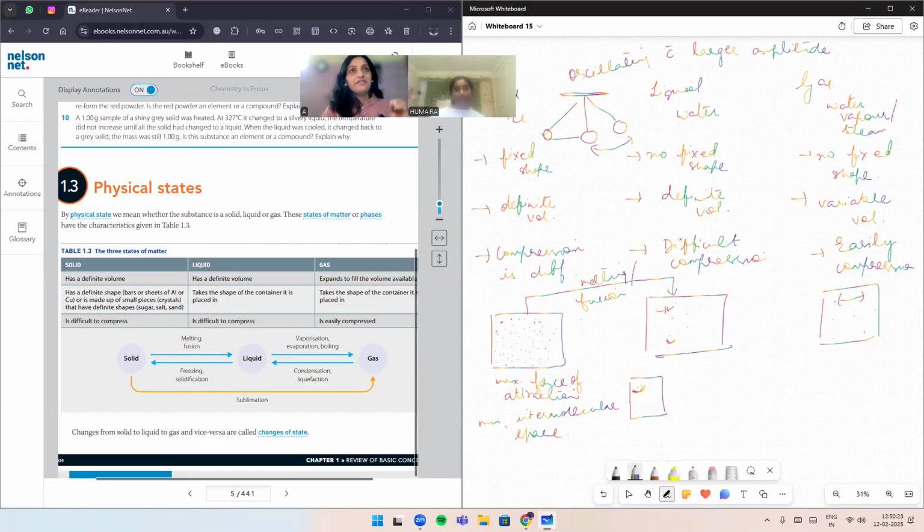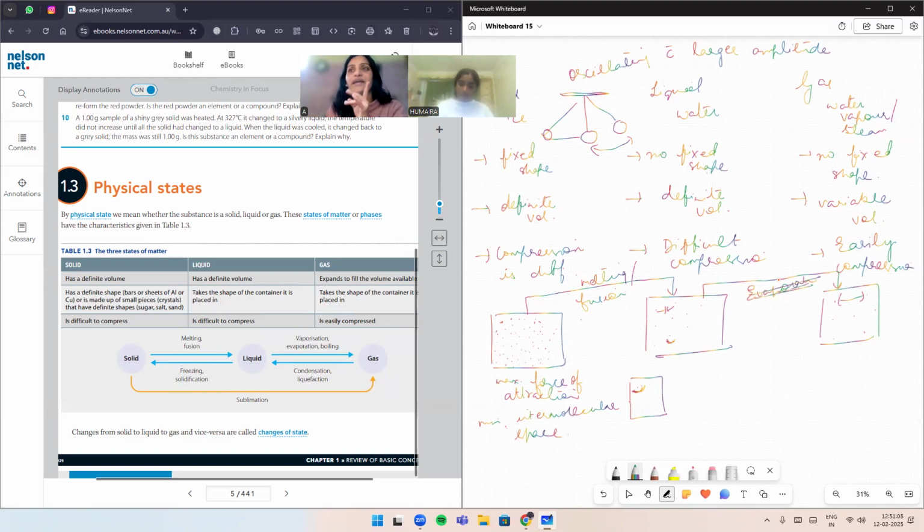So if I keep on continuing with the supply of heat, the liquid molecules will have more extra added energy. So again, they are going to oscillate with much larger amplitude, thereby creating more space in between the particles, leading to boiling.